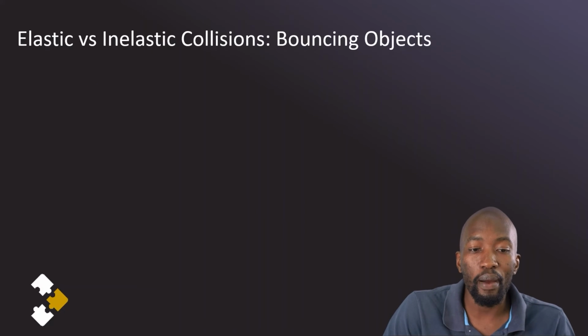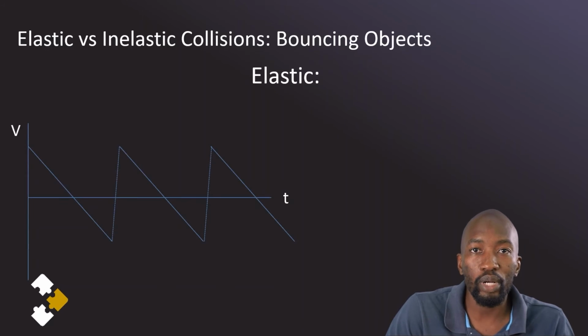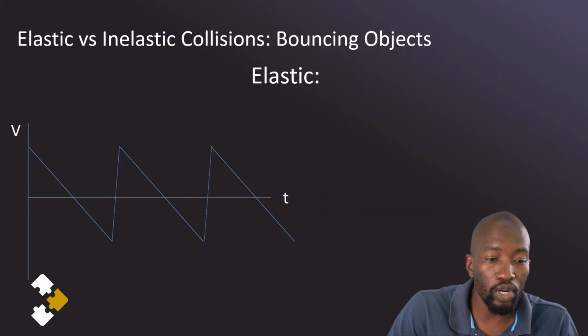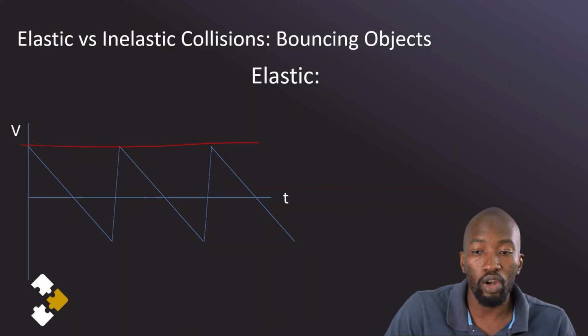Now, let's look at bouncing objects. If it's elastic, this is how you'll have the velocity versus time graph. Remember, the kinetic energy is the same, so we cannot lose any velocity there. If we try to draw a straight line there, you'll see that all these points line up because nothing is lost.